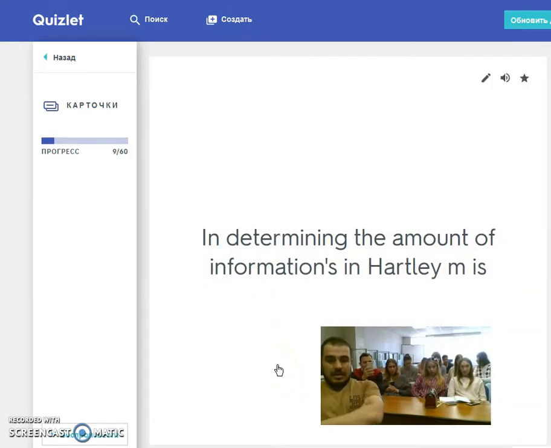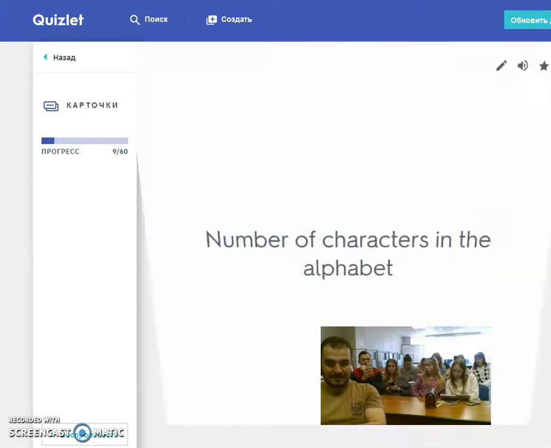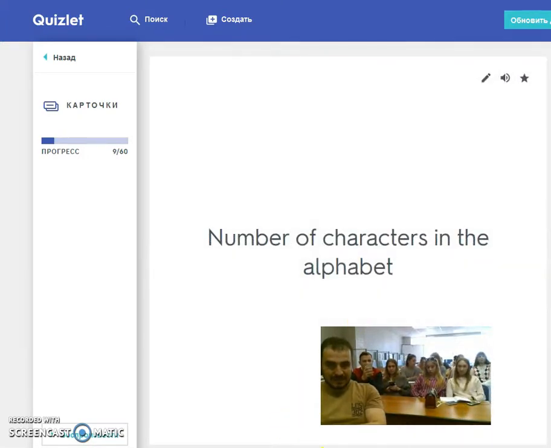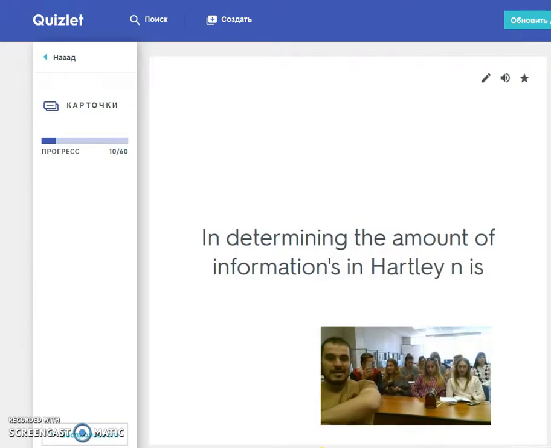In determining the amount of information in Hartley, m is the number of characters.